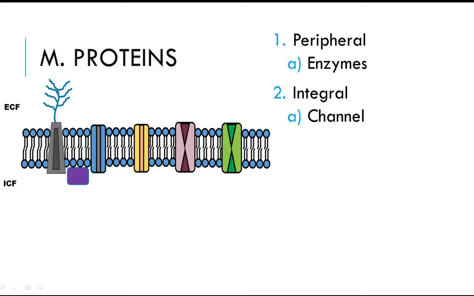It can be specific to the protein channel that you're talking about, but some do allow totally different things to come through. Usually it's something that's hydrophilic or polar. Something that's polar, like water, like sodium ion, all your ions really, can move into or out of a cell through a channel.